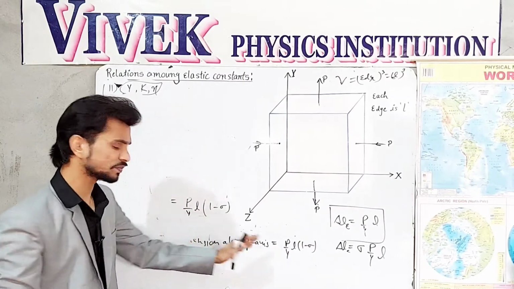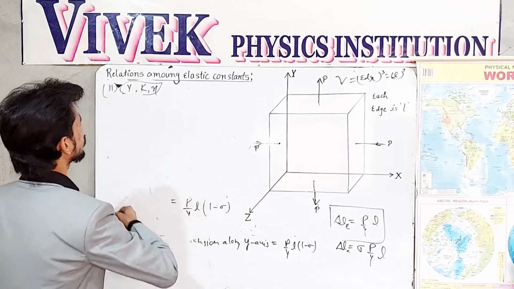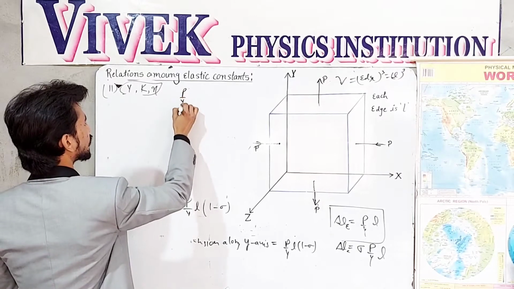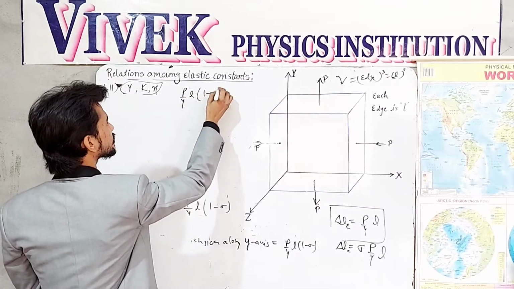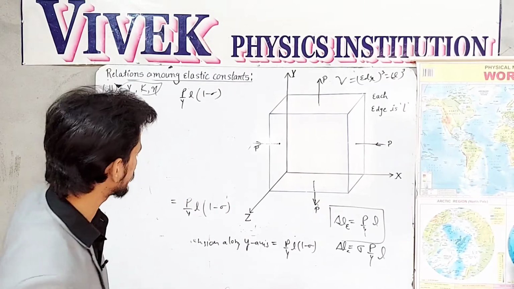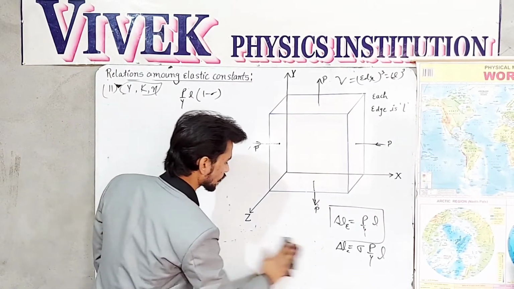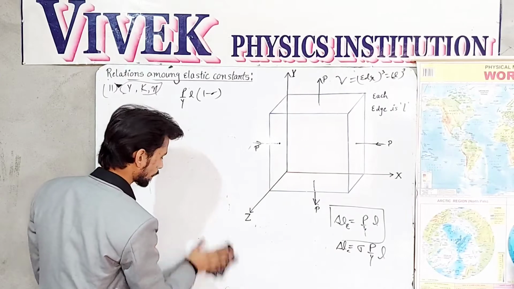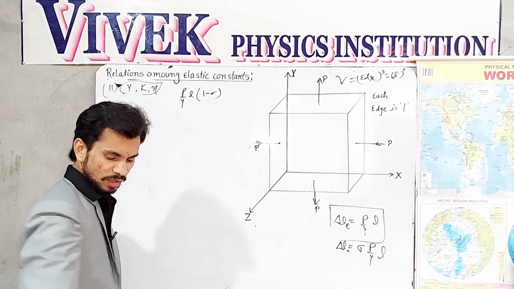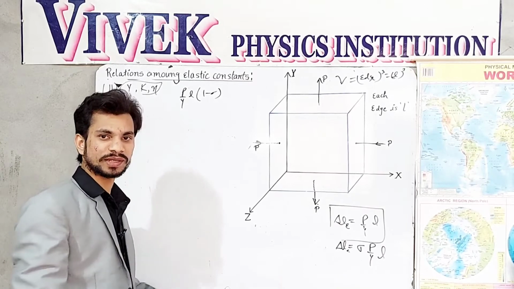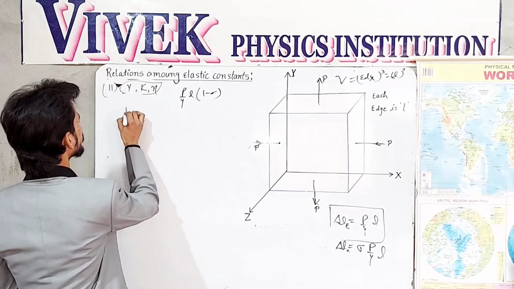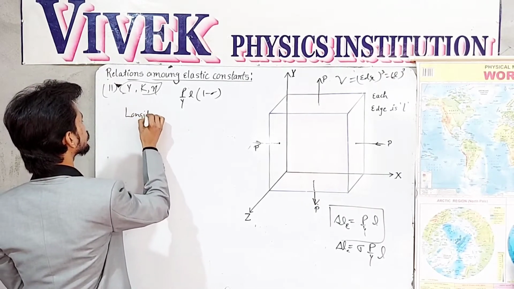So these are the same extensions. We have P over Y times L (1 minus sigma). Okay, these are the two extensions. Now if I am interested to find the longitudinal strain due to these two extensions, then what will be that?